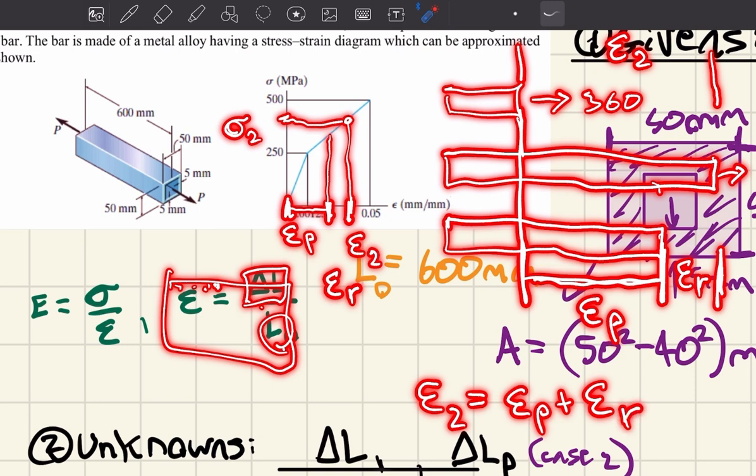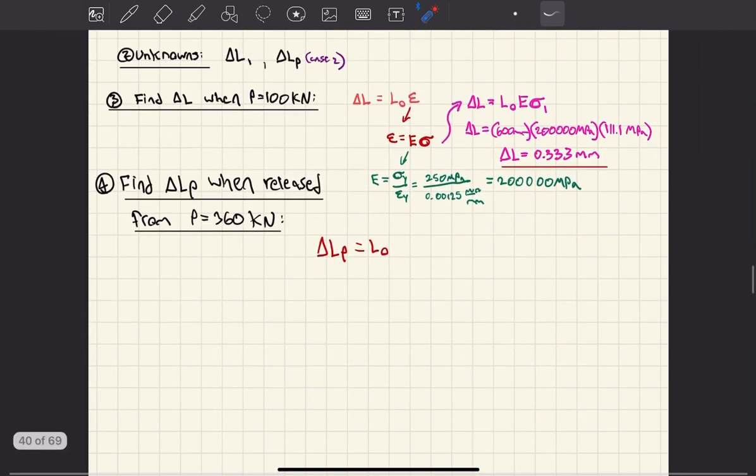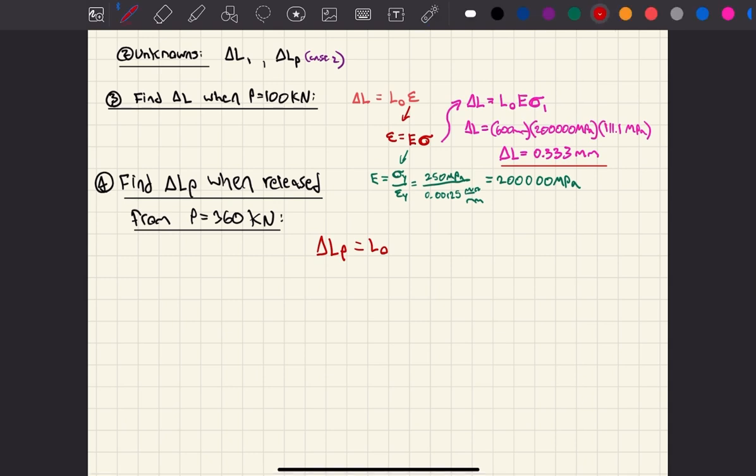Perfect. So when I'm trying to find the permanent elongation, what strain am I going to use? I'm going to use the permanent strain, right? How do I find the permanent strain? Well, it's simply epsilon 2, the total strain, minus the recovery strain or the elastic strain, right? If you didn't get that, watch this back a few times, and I think I explained it before as well. So thankfully, I'm not going to explain it again.